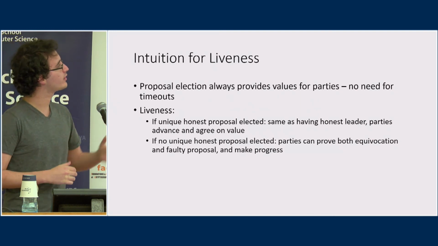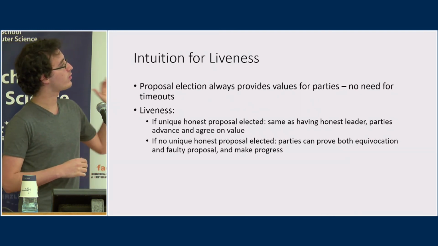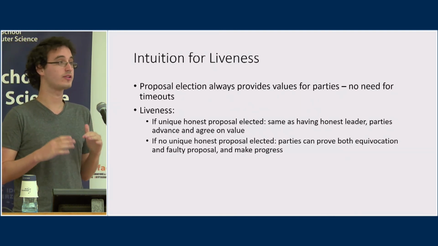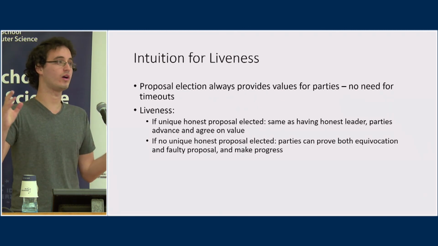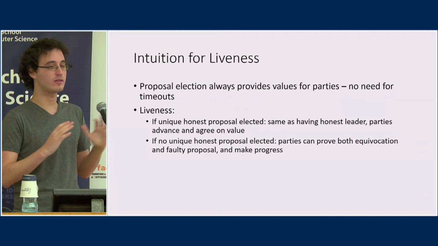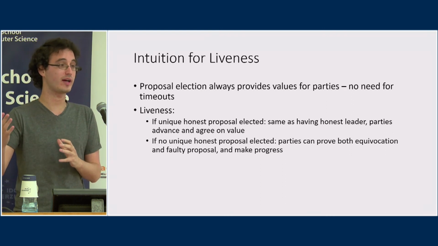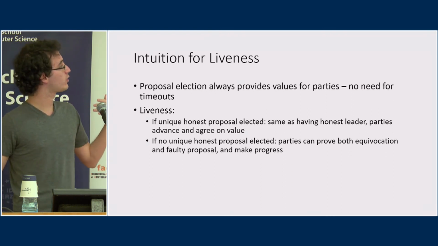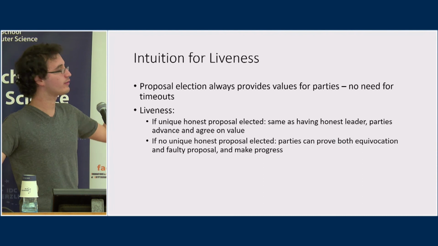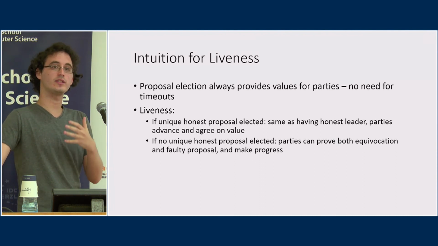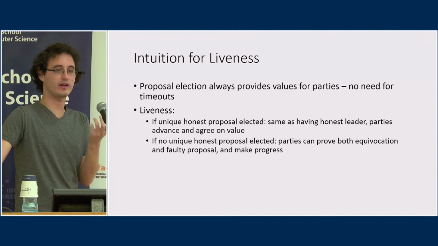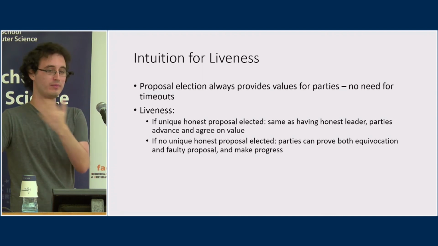So the intuition for liveness. First of all, the proposal election always provides values to parties. Parties never need to wait, and they're never stuck without a value. We never need to wait for timeouts. So we have two parts of liveness. We want liveness in the case of a non-faulty leader, and we need liveness in the case of a Byzantine leader.